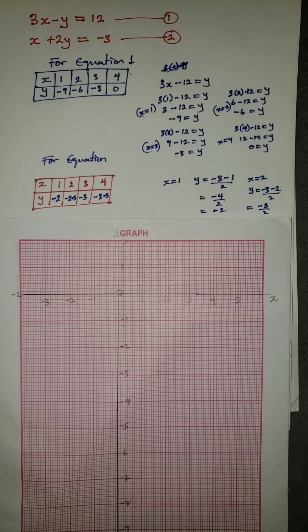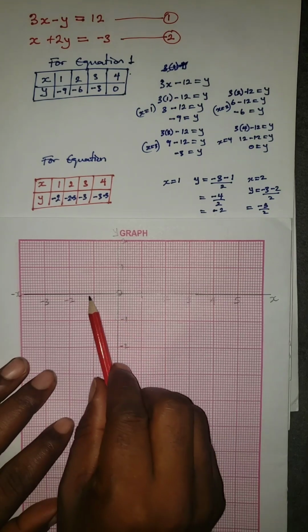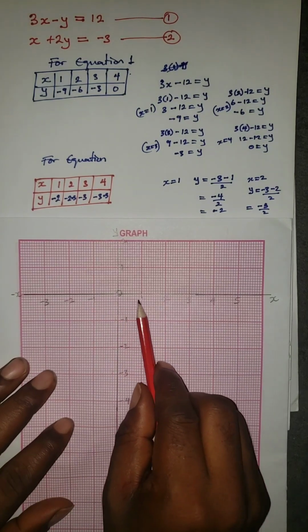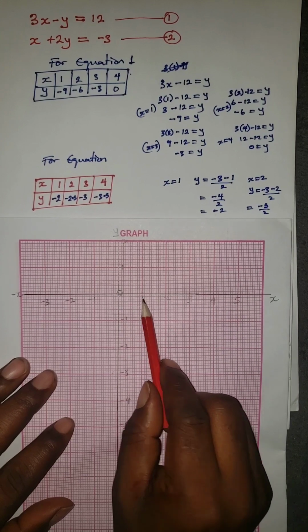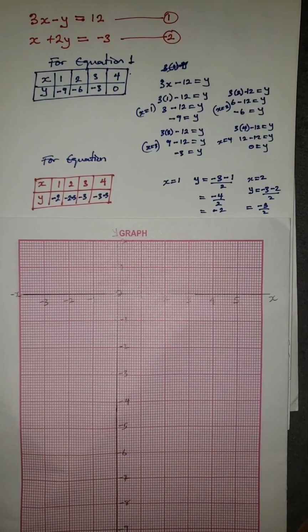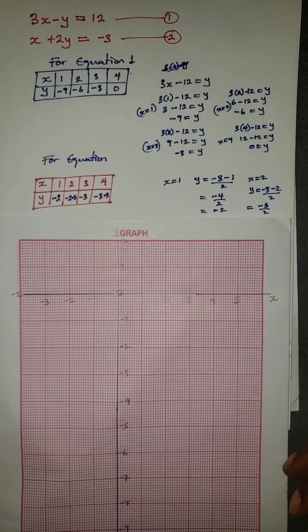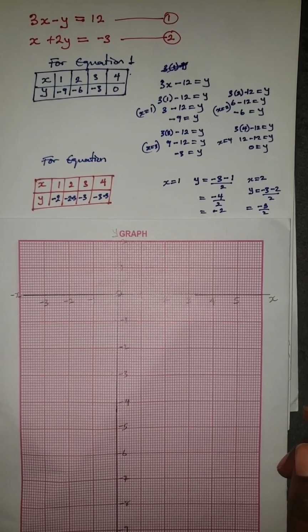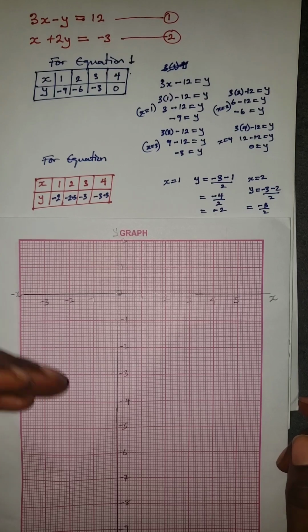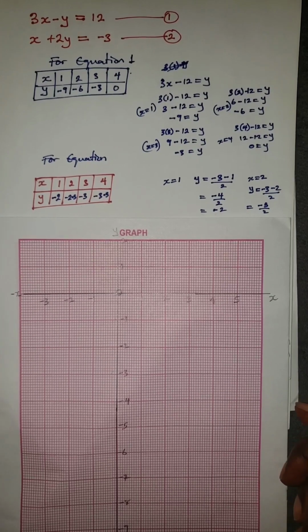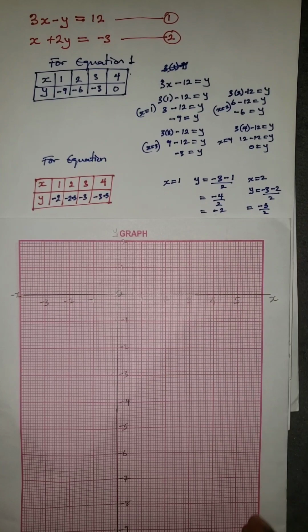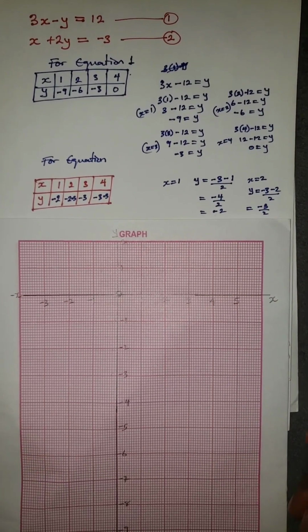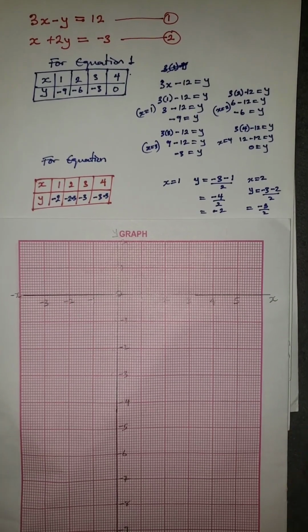So it is something that we have to be very careful about. That's why sometimes a scale of 2 cm to 1 unit is not always advisable. Yes, it will make your plotting easier, but sometimes the two lines are going to meet outside the four corners of your graph. But let's hope that this will not give us such.